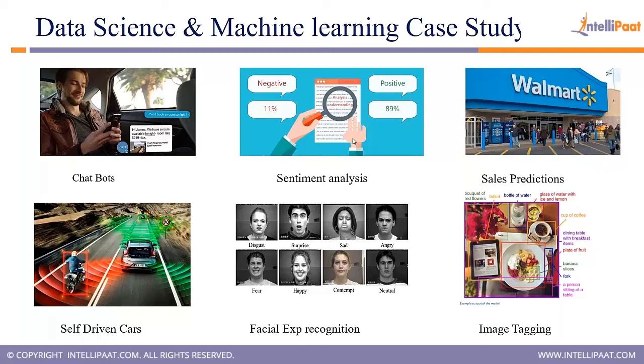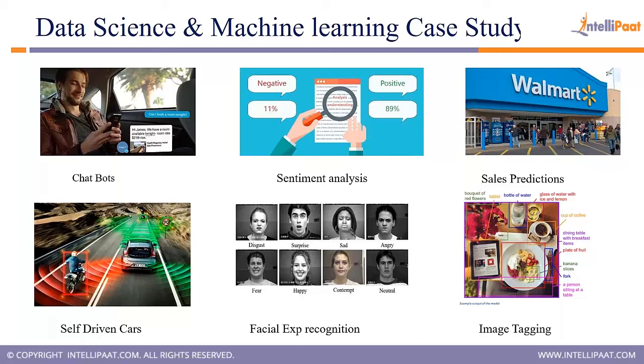Sales predictions are what we can use to predict and increase the sales of a given grocery store. Coming to the next future of machine learning, self-driven cars: giant companies like Google and Tesla are putting a lot of effort and R&D projects into it.